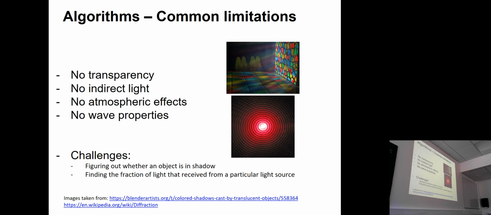Common limitations are that usually they don't support transparency. It's problematic for shadow algorithms. Also, no indirect light. Well, you can have an indirect light model, but it's very complicated.